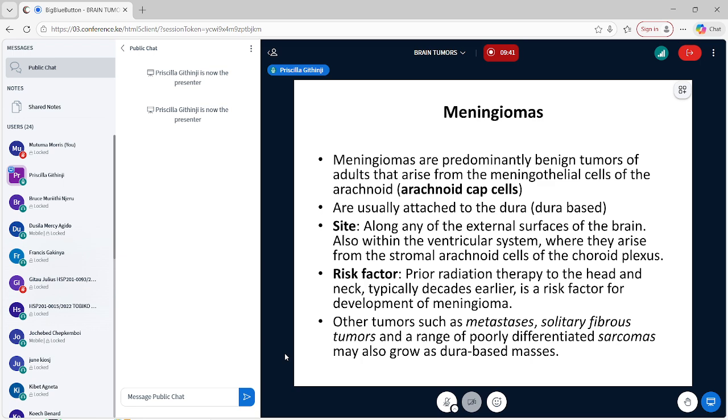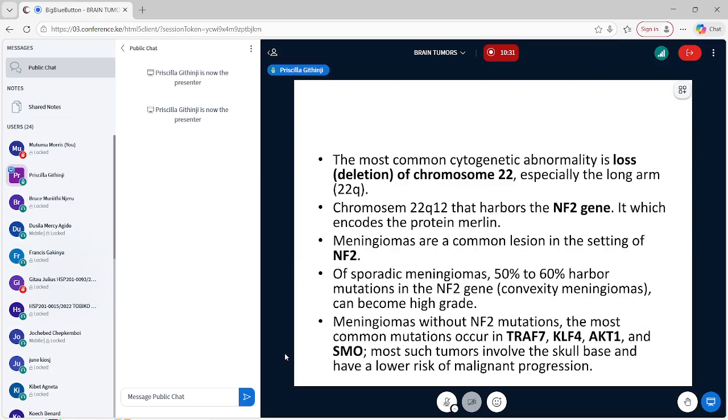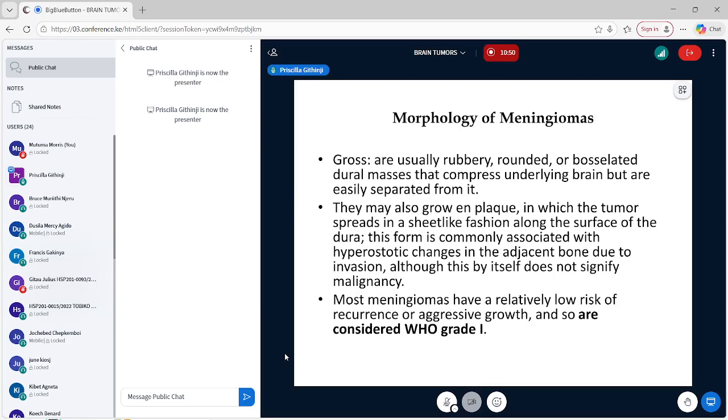In meningiomas without the NF2 mutation, the KLF4, AKT1, and SMO gene mutations are found, and most such tumors show malignant progression. So the ones that have the NF2 mutations have a better prognosis.